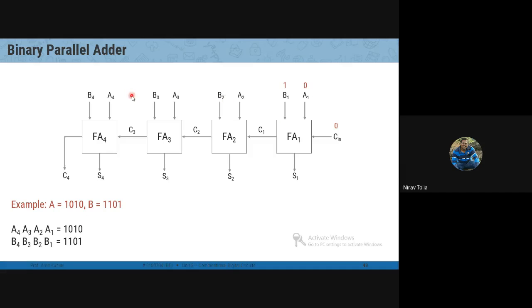A1, B1, A2, B2, A3, B3, A4, B4 are directly given here because we have the values. But until A1, B1 and C in summation is done, the summation of A2, B2 will not start, because when we are adding these three, we generate C1. And C1 is part of full adder 2. Then we add these three, A2, B2 and C1. Then C2 will be generated.